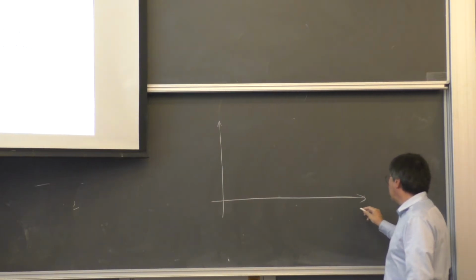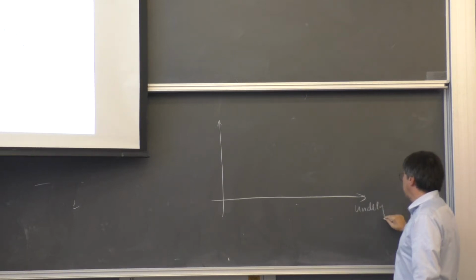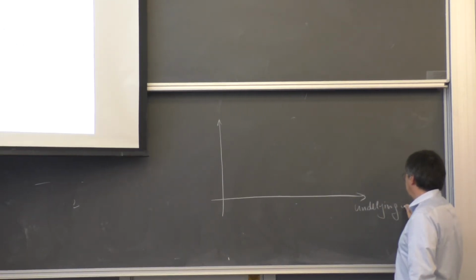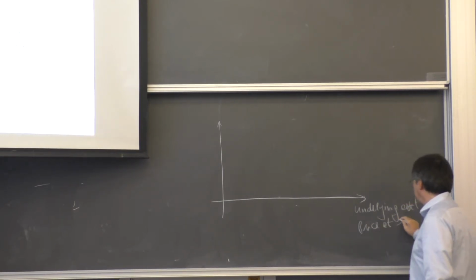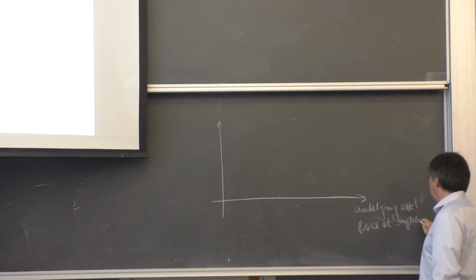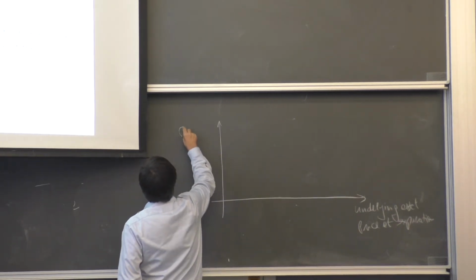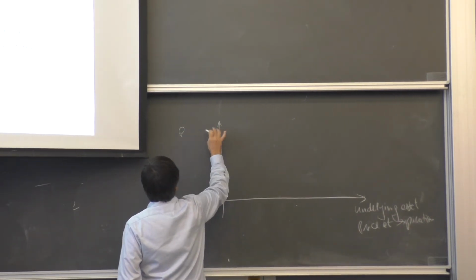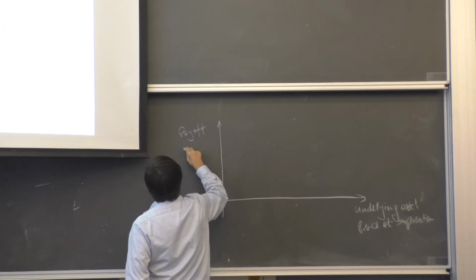The horizontal axis is going to be underlying asset price at expiration. And here we're going to use the vertical axis for the payoff at expiration.